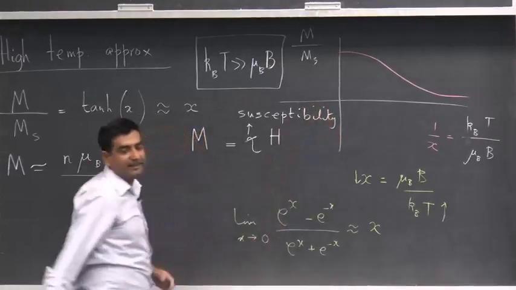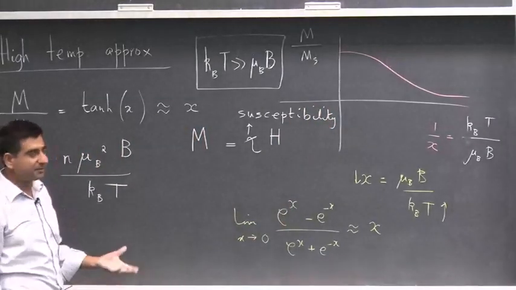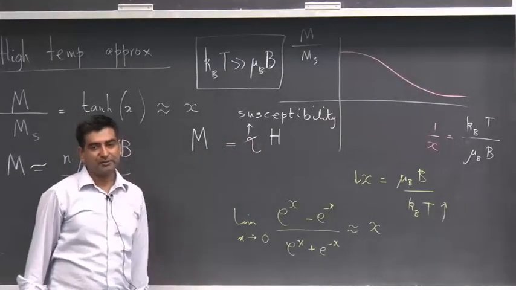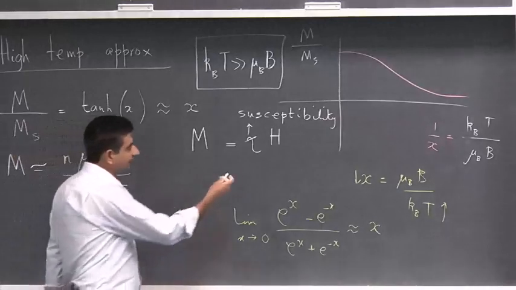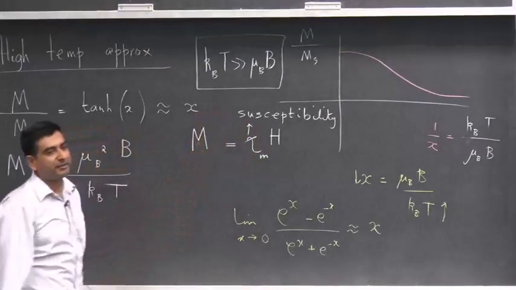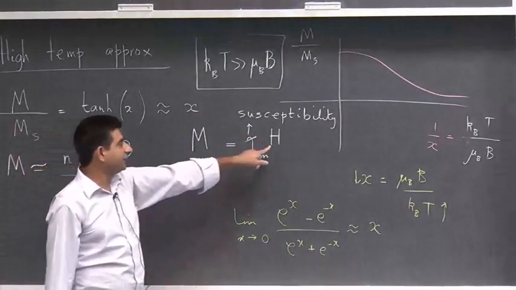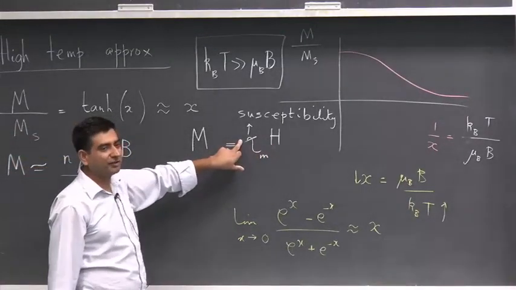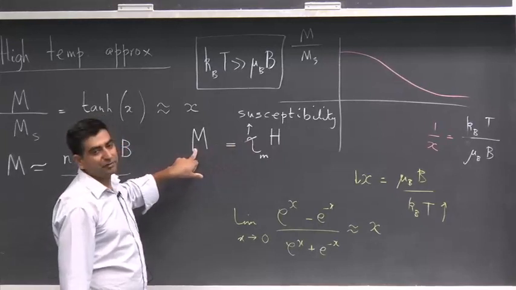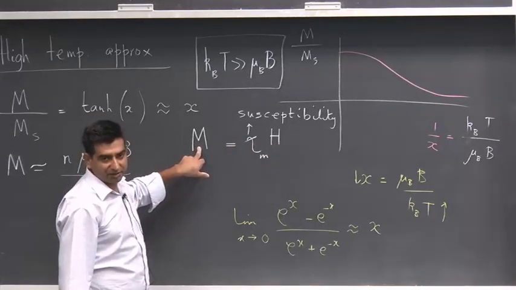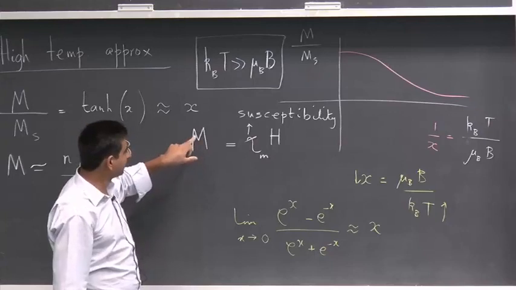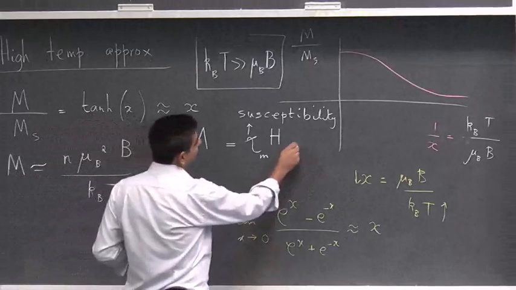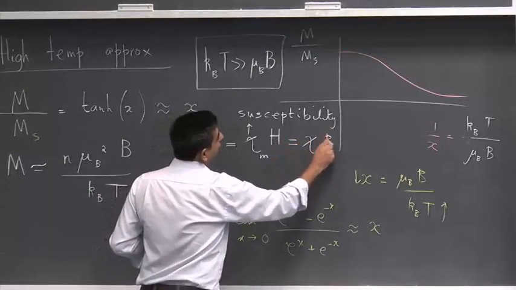So for linear materials, M is proportional to H, and the proportionality is called the susceptibility. There is an electric susceptibility as well. In the electric susceptibility, you have an electric field here, and you have epsilon naught for dimensional consistency, and you have the polarization here. But for magnetism, the magnetization is proportional to H. But H is B over mu naught.